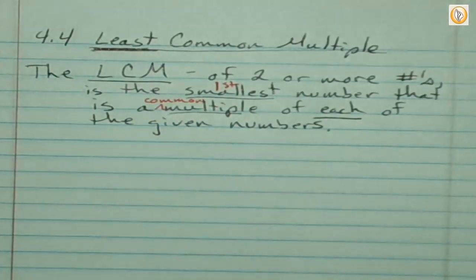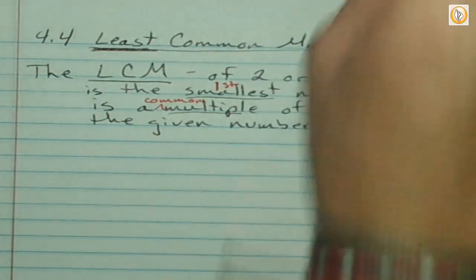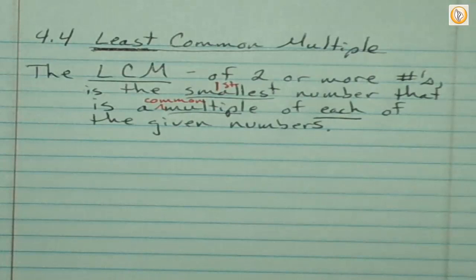So I wouldn't say the smallest, because then you're going to start thinking it's a factor. You know, the least common multiple could be 643. Well, that's not a small number. You think small, you think a small number. So it should read the first number that is a common multiple of each of the given numbers.